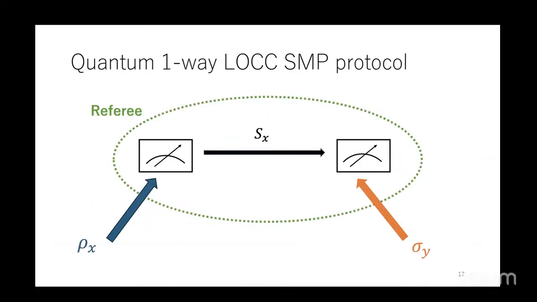Okay, so in the remaining time, let me talk about a sketch of our proofs. In the quantum one-way LOCC SMP model, the referee first measures Alice's message, and then measures Bob's message based on the measurement result on Alice's message.